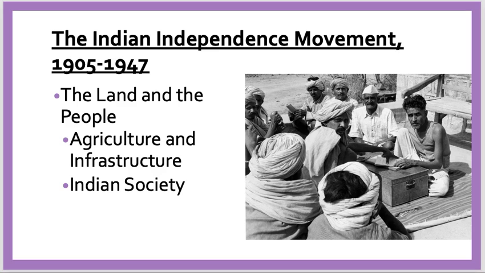But overall, the Indian population is increasing. So in the year 1900, you had 250 million people. By the year 1941, you had 389 million. So this is going to have increased pressure on the natural environment.